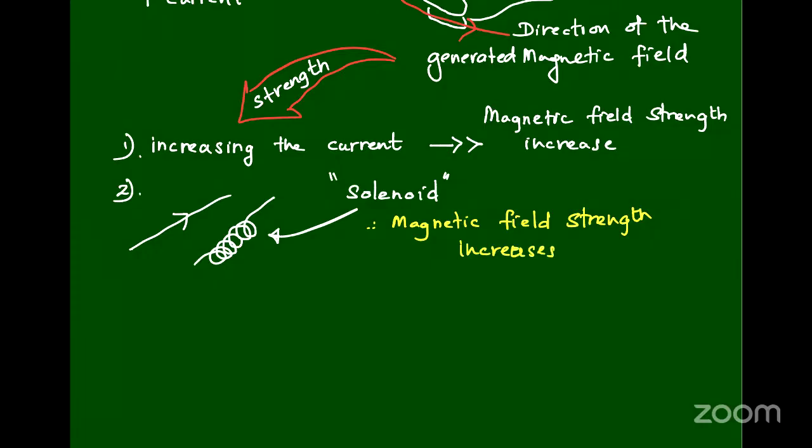So remember these two points. Either you need to increase the current, or in the other way around, you need to arrange the wire into a coil or into a solenoid. Both are correct. You can arrange it as a coil as well.